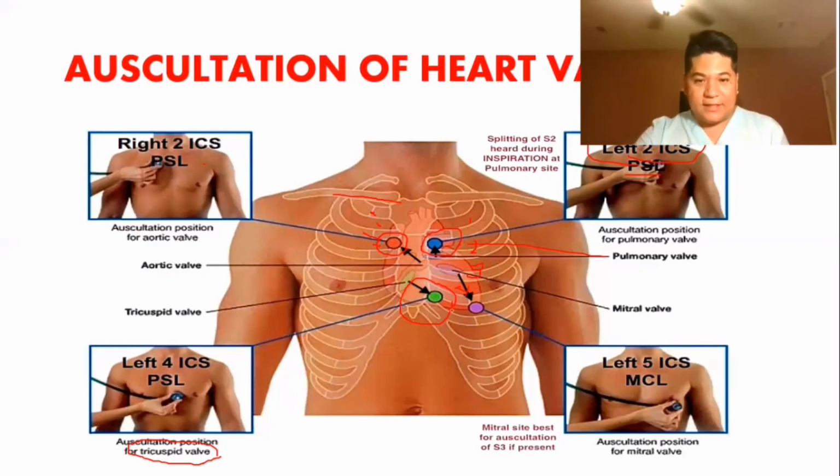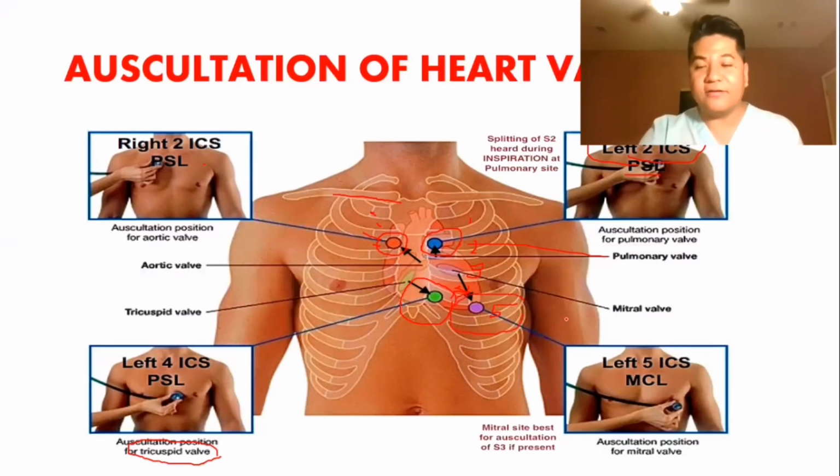So the fourth intercostal space on the left side is your tricuspid, and your mitral is most inferior, located on the fifth ICS. Okay, here on the fifth ICS. So that is for your heart auscultation of the valves. Okay, remember that.